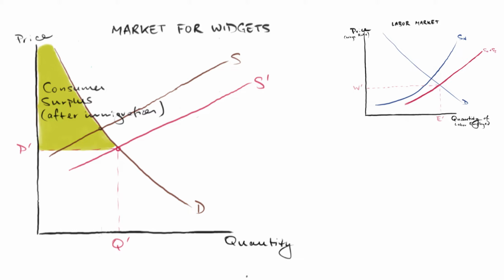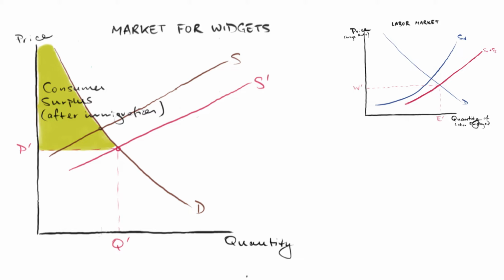And the important finding as far as native workers are concerned is that the arrival of immigrants will hurt the native workers, reduces their wages, reduces the number of native workers who have jobs, and that area of worker surplus becomes smaller. That's our real measure of the well-being of native workers.